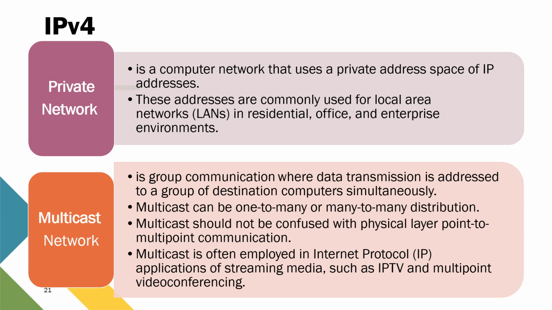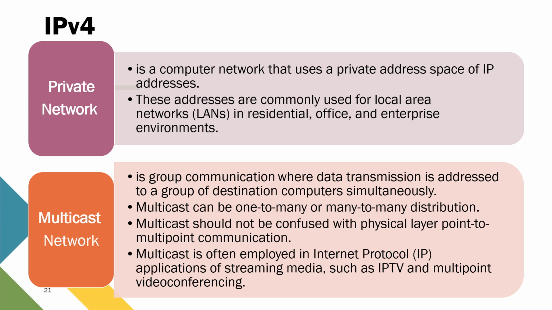For multicast network, it is a group communication where data transmission is addressed to a group of destination computers simultaneously. Meaning the destination computers are a lot; there are many of them.